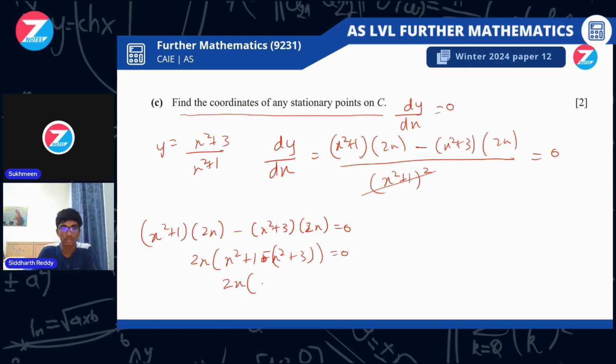So 2x into x square minus x square and 1 minus 3. Hold on. So the only solution for this is x equal to 0. So at x equal to 0, y is equal to 0 square plus 3 by 0 square plus 1, which is 3. So the only stationary point is 0, comma 3.